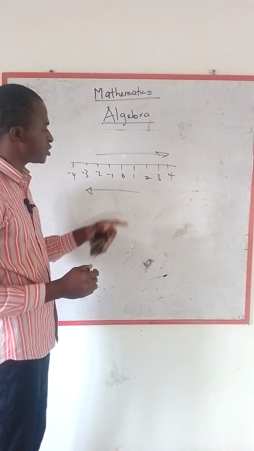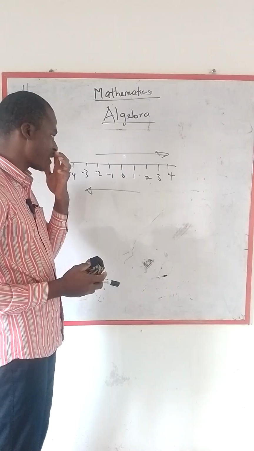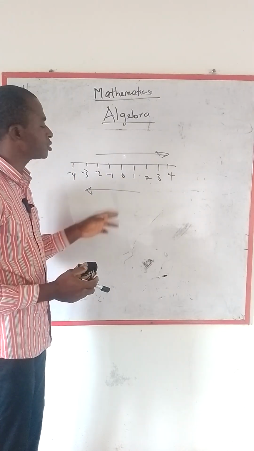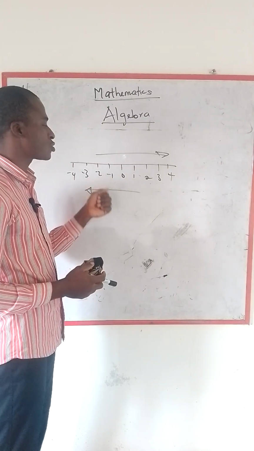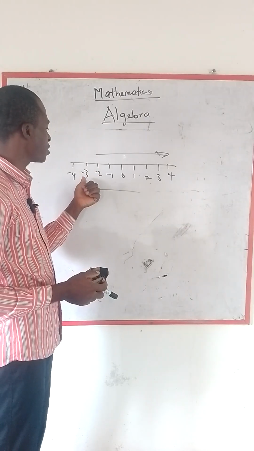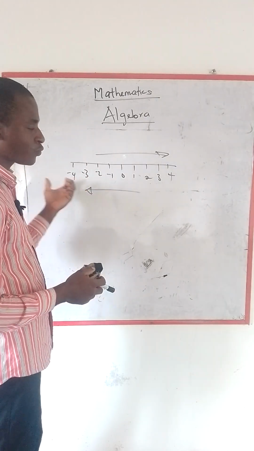The numbers are decreasing like this, telling us that 0 is bigger than minus 1, is bigger than minus 2, is bigger than minus 3, so on and so forth like that.